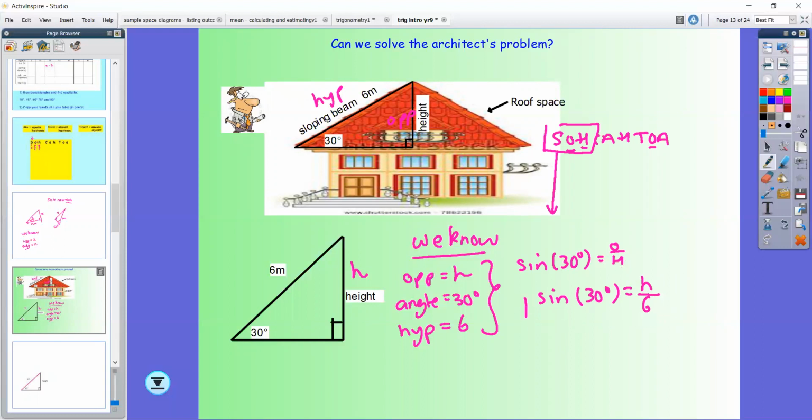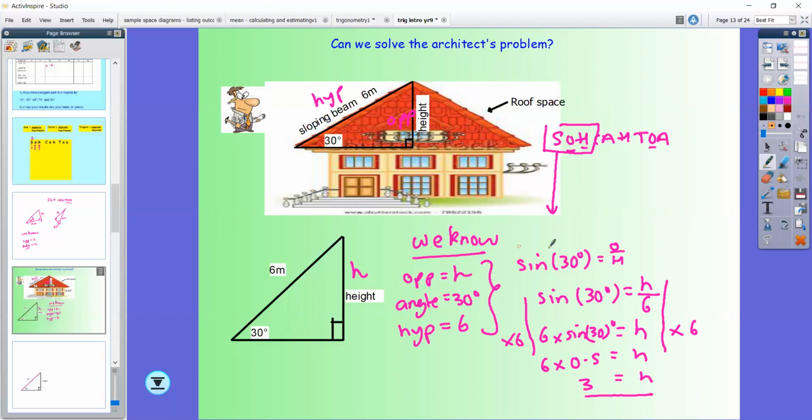And then you say, well, this is just like an equation now, isn't it? What's stopping h being on its own? If you've done the linear equations, we're going to multiply both sides by 6. So we get 6 times the sine of 30 is h. Now use the calculator. 6 times sine of 30 is 0.5, and h is equal to 3.